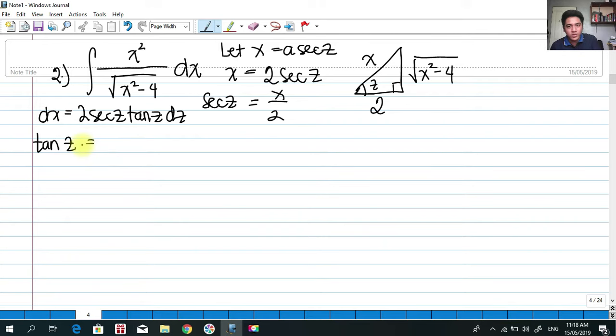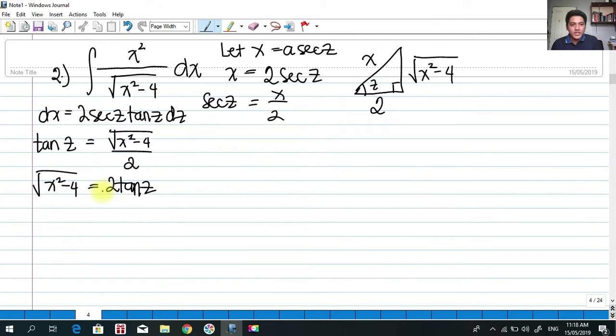Tangent of z is simply TOA, opposite over adjacent. So the opposite side of this z is square root of x squared minus 4 and its adjacent is 2. So tangent z is simply square root of x squared minus 4 over 2, and we can get square root of x squared minus 4 is 2 tangent of z.